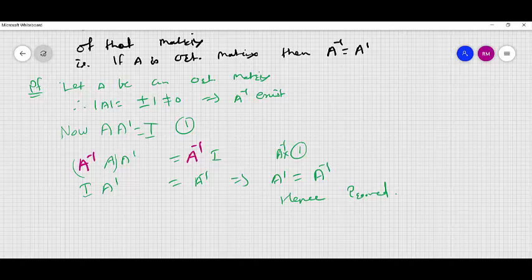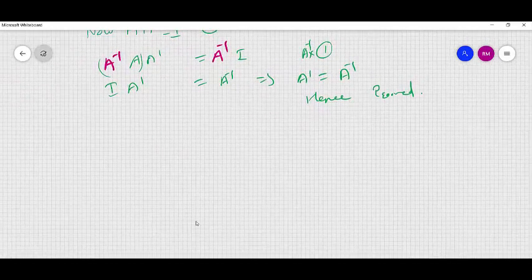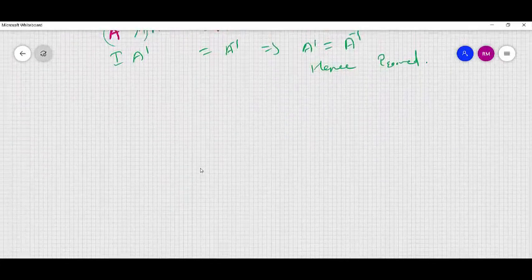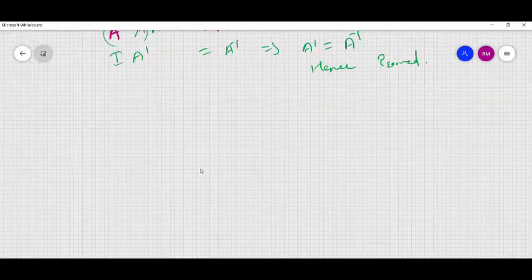Now we focus on the next theorem. Prove that the product of two orthogonal matrices of same order is orthogonal.